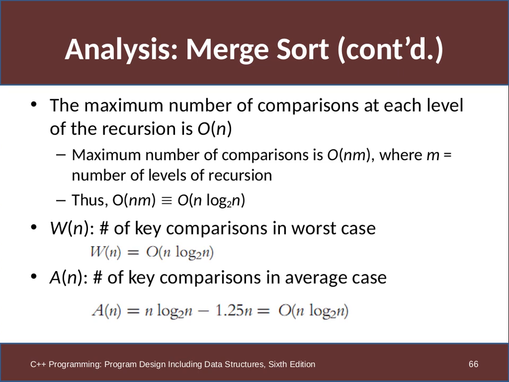The maximum number of levels is, looks like they said, log of n. Yeah, key comparisons, worst case, n log n, that's right. Yeah, n log n. Worst case. Average is what they're trying to use here. All right, n log n.